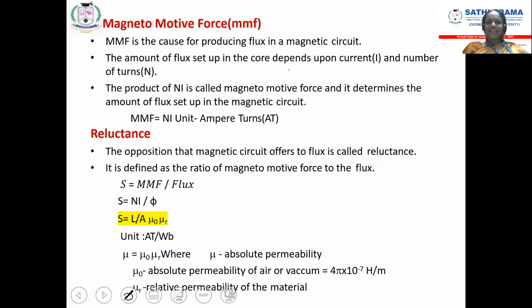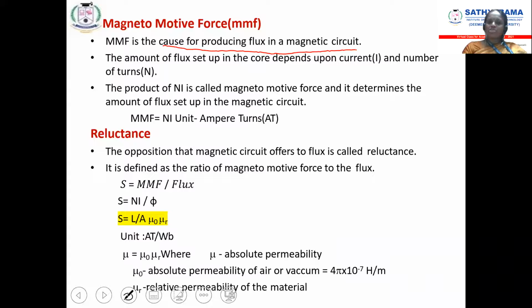Now we can see the definition of magnetomotive force. MMF is the cause for producing flux in a magnetic circuit, just as EMF is the cause for producing current in a circuit.